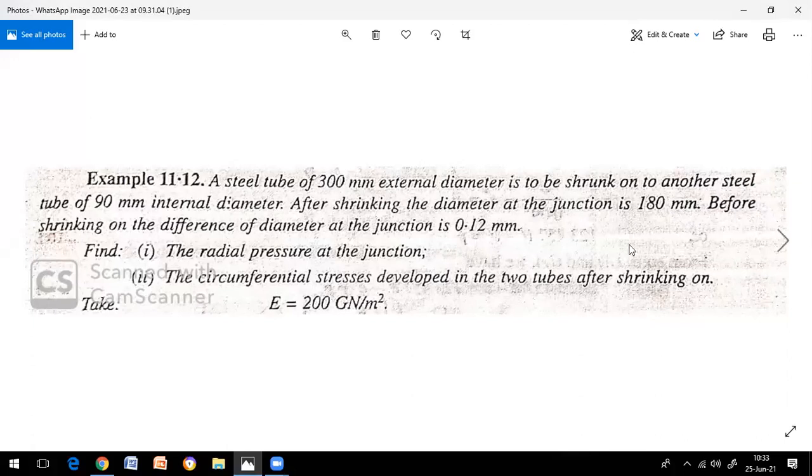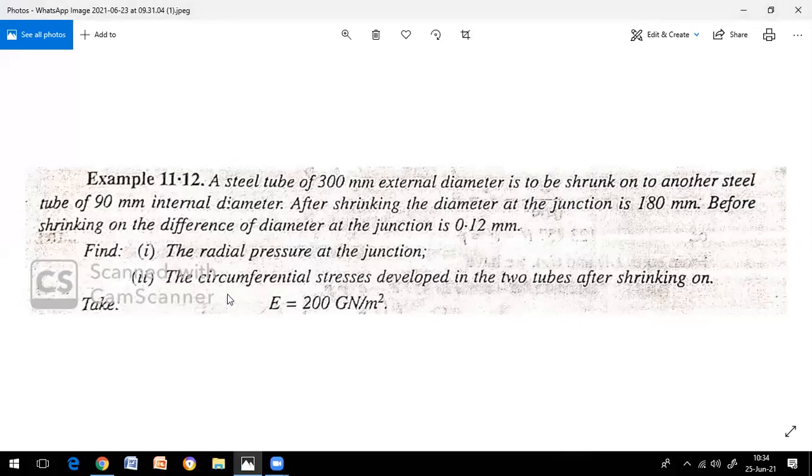Before shrinking, the difference of diameter at the junction is 0.12 mm, and the difference in radius at the junction is 0.12 mm. That is also very important. Find the radial pressure at the junction. So we have to calculate what is the radial pressure at the junction.